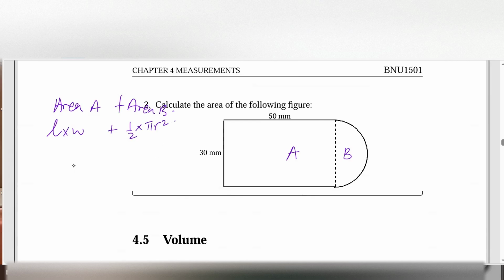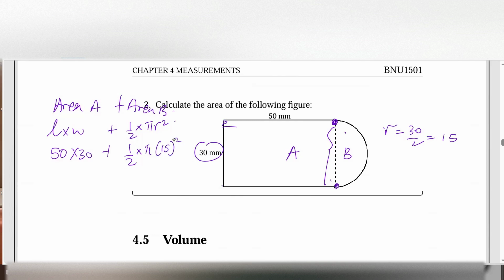We know that the length is 50. The width is from here up to here, which is a 30. That's a half times pi. From here up to here, that's a diameter, which is a 30. So we need to get the radius, which is going to be 30 over 2, which becomes 15.